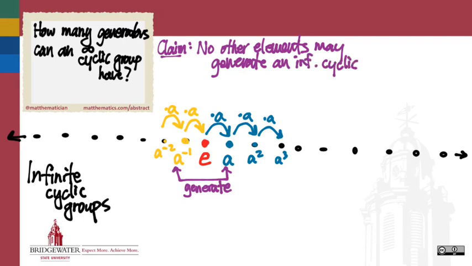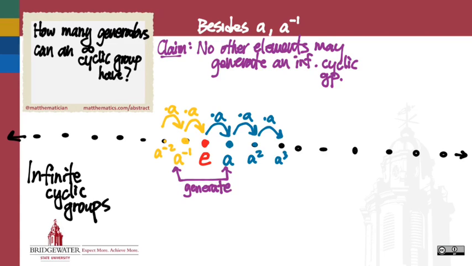Besides its generator and the inverse of that generator, no other elements may generate an infinite cyclic group.